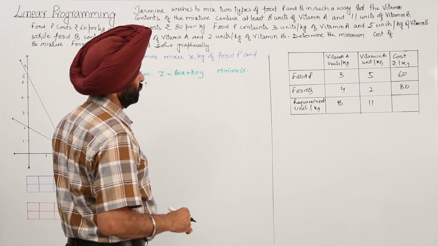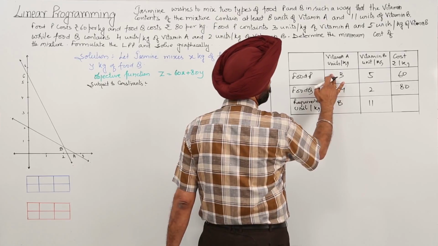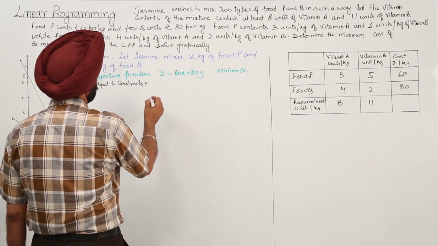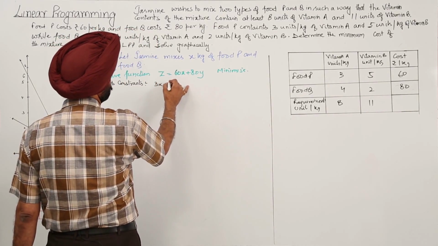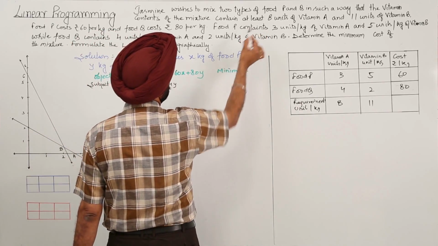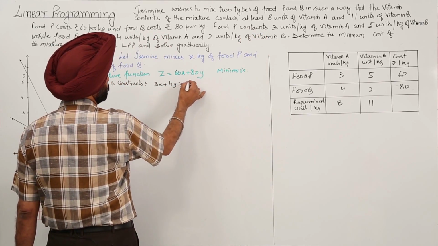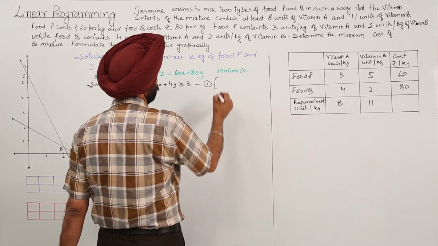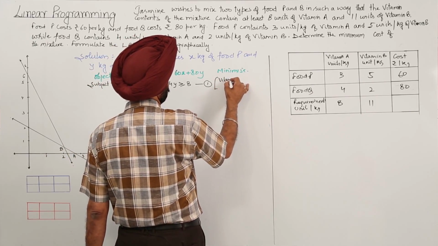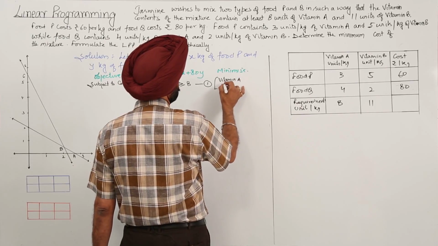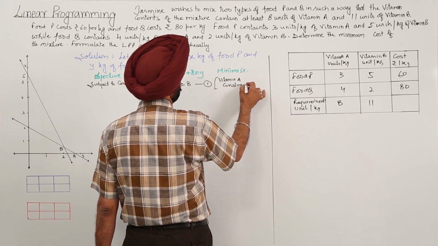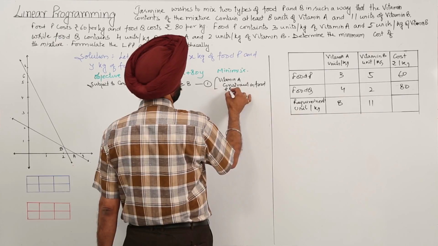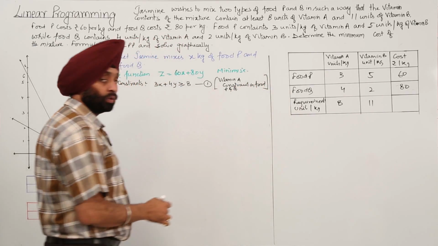Now for vitamin A we are having 3 units in P, 4 units in Q, and this is the requirement. So what are we having? We are having 3x plus 4y and it is given at least, 3x plus 4y is greater than or equal to 8. Equation number 1, and this is the vitamin A constraint in food P and Q. One thing.